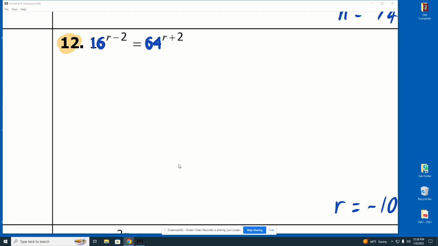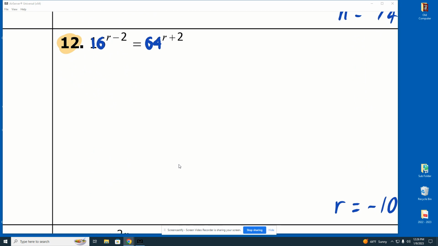So can I make 64 have a base of 16? No, so this is one of those situations where I'm going to have to change both bases. What can I make 16 and 64 have in common? 4. I need to create both sides to have a base of 4.